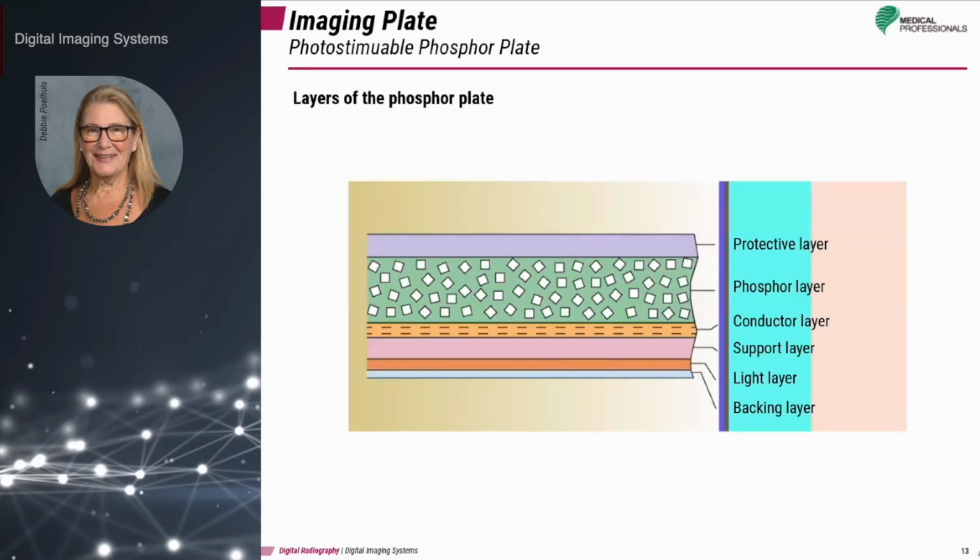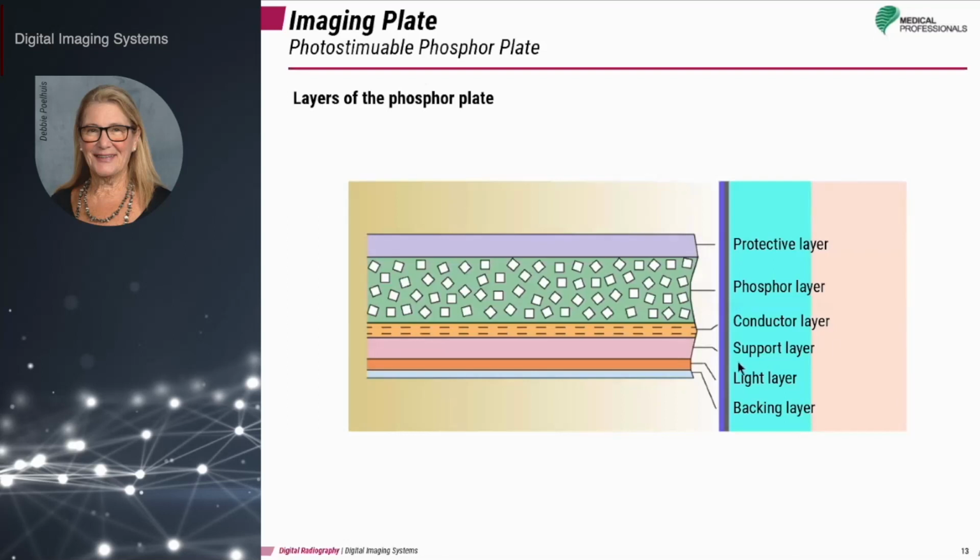The color layer may be present in newer plates, and it is used to absorb stimulating light and to reflect emitted light. The light shield, or reflective layer, reflects light that's being released during the reading phase of the plate.